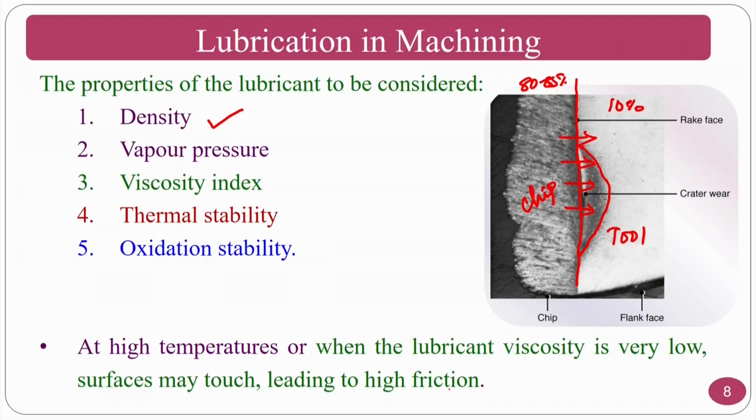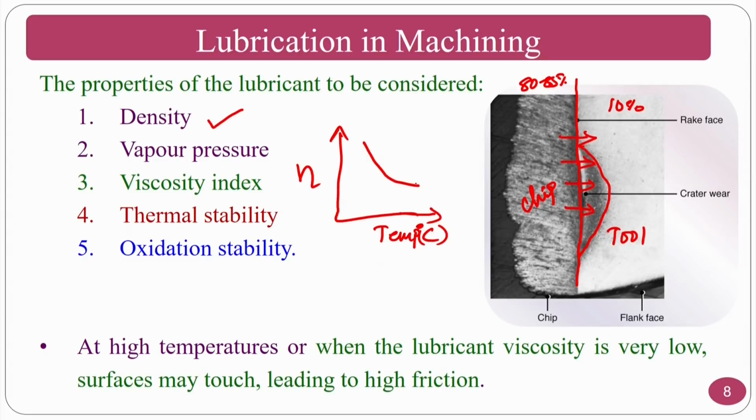Okay, there is another problem. Whenever I am using a cutting fluid, if the temperature is very high, what will happen? As you have seen, the viscosity will come down. In the previous slide also you have seen the temperature and viscosity, it will come down.